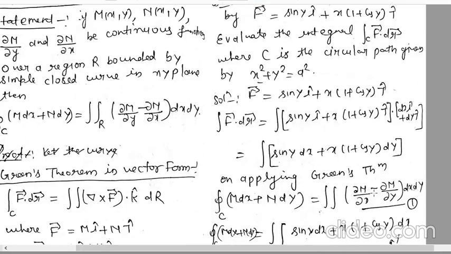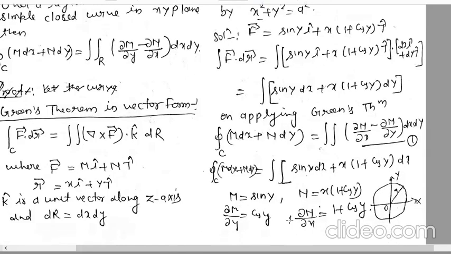On applying Green's theorem, del M upon del y is cos y, and del N upon del x is 1 plus cos y, differentiating M partially with respect to y and N partially with respect to x.